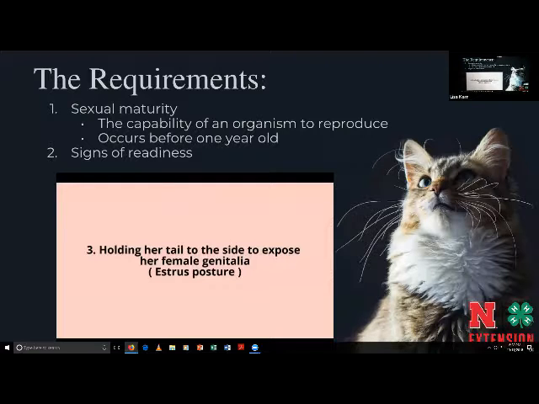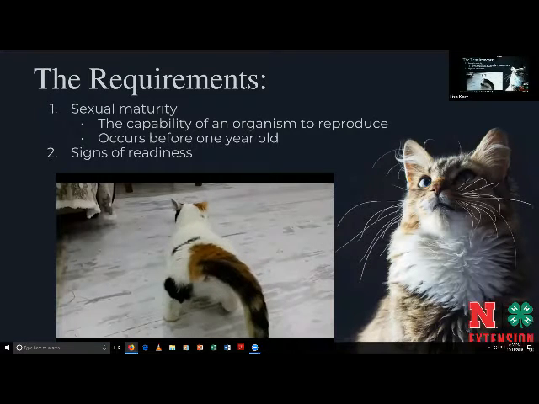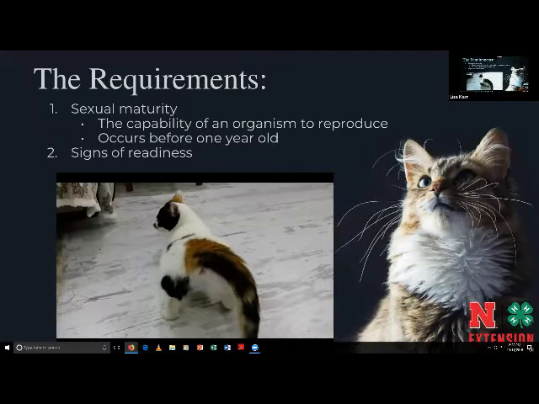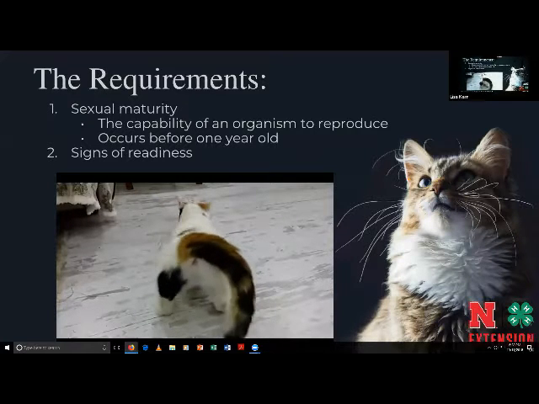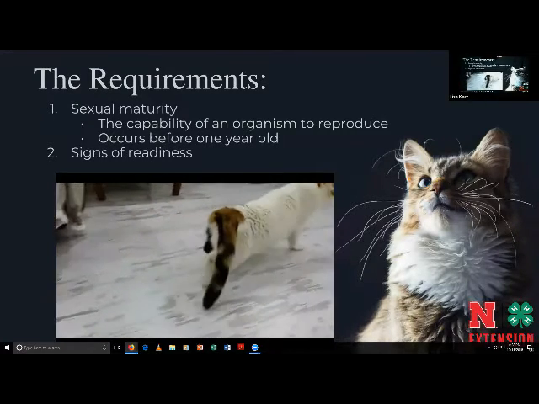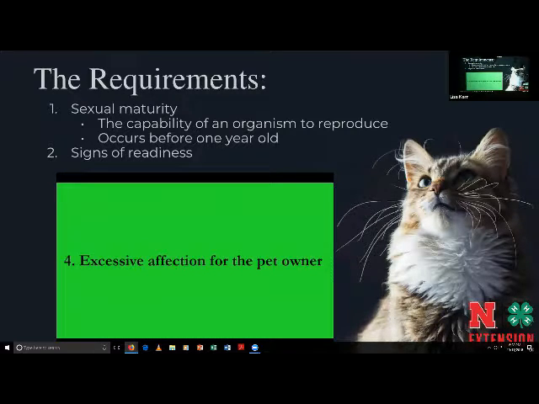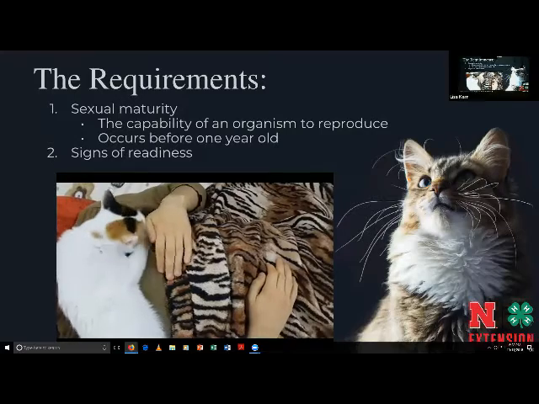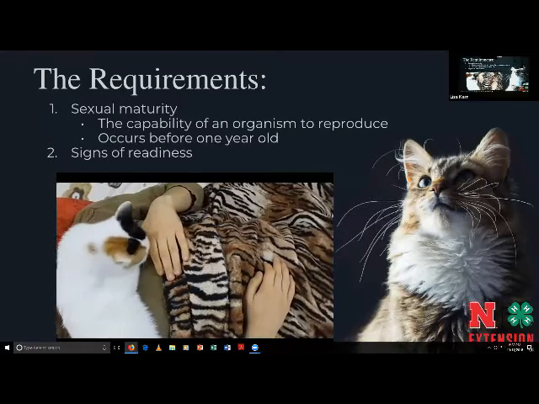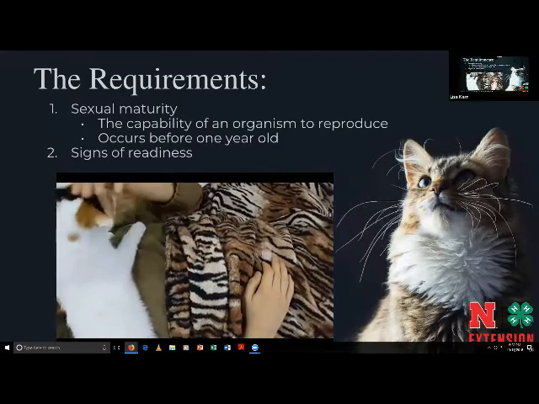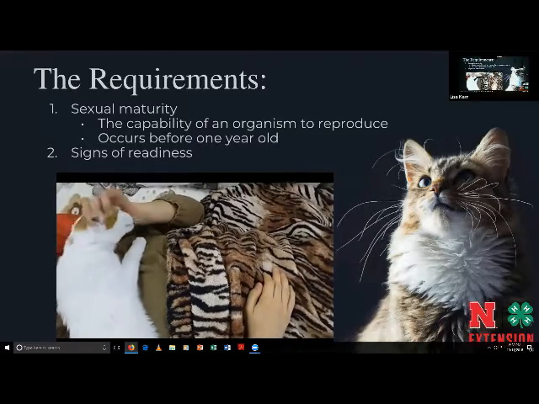And then they'll hold their tail to a side so that the female cat can smell the hormones coming off of them. It looks kind of goofy, but especially if they were outside, they'd be able to smell that from miles away.